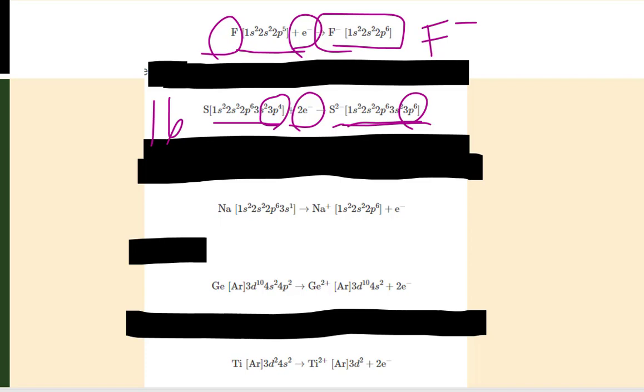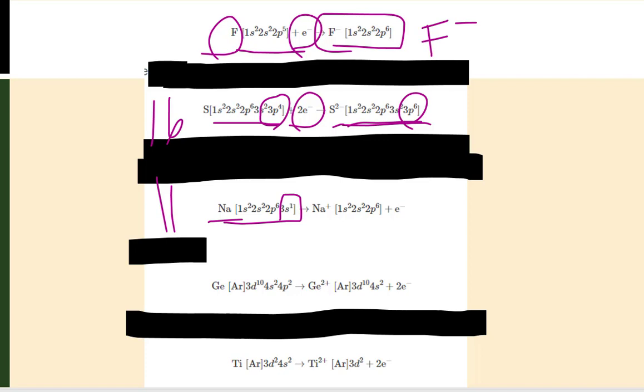Let's look at Na. Sodium's atomic number 11, and it would be 1s2, 2s2, 2p6, 3s1. You know, sodium is the first element in that third S shell. And we know that sodium wants to get rid of that one. We know everybody in the alkali metals gives away an electron.